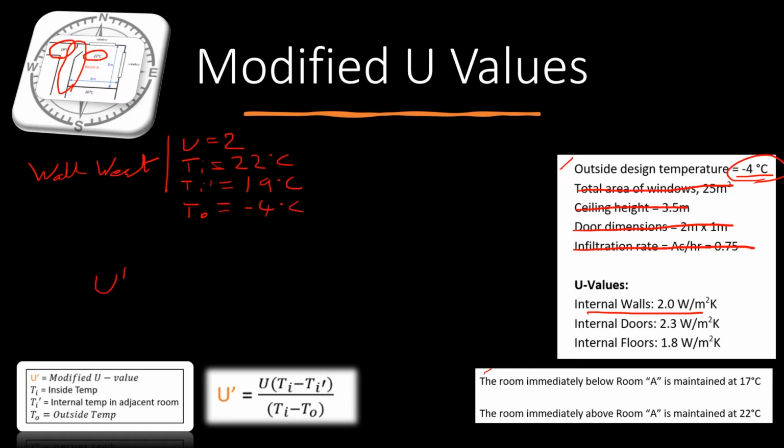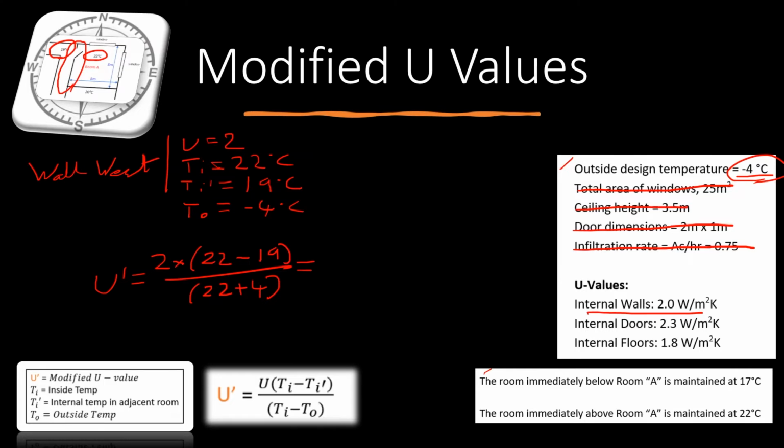I can say my modified U value equals the U value of 2 multiplied by bracket Ti, which is 22, minus Ti apostrophe, which is 19, divided by Ti, which is 22, minus the outside temperature, so that's minus a minus, so that's going to be +4, or -4, it will come out the same answer.